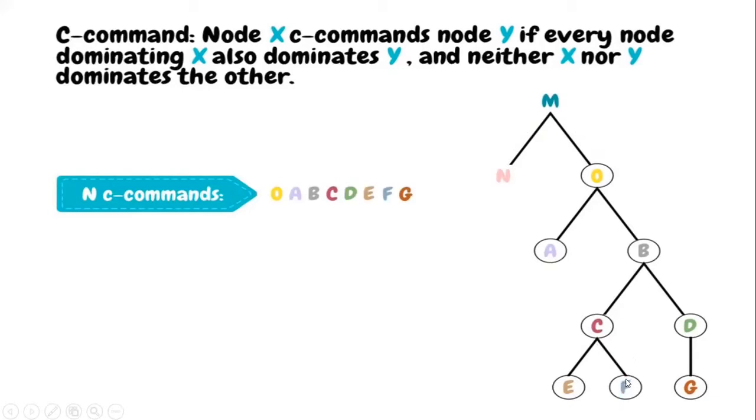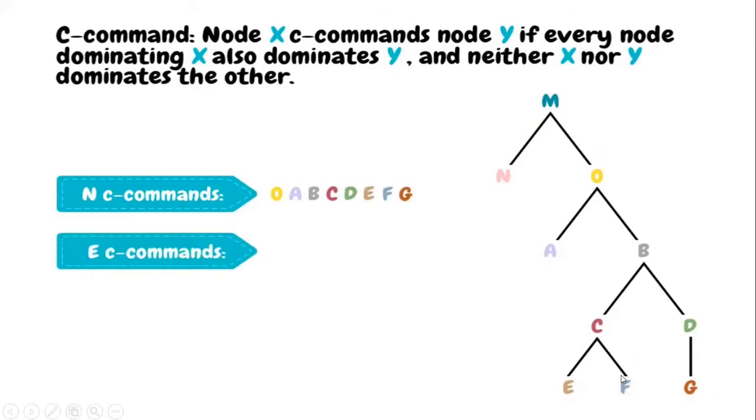So here we have only F. So E C-commands F. Now how about G? What does G C-command? Well, G C-commands nothing. Why? Because if we try to go up once, then it's okay, but we cannot go down. So this means that G C-commands nothing.